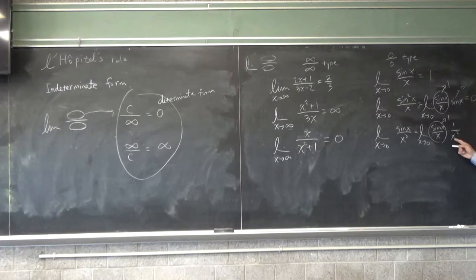You're dividing 1 by a very, very small number, right? 1 divided by 0.1 is 10. 1 divided by 0.01 is 100. You divide 1 by something that's closer and closer to 0, you get something bigger and bigger. So this will go to infinity.